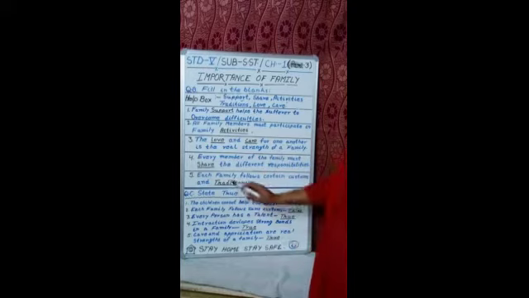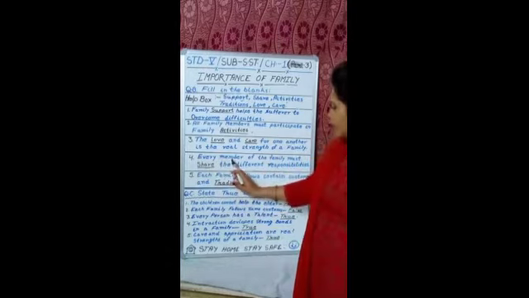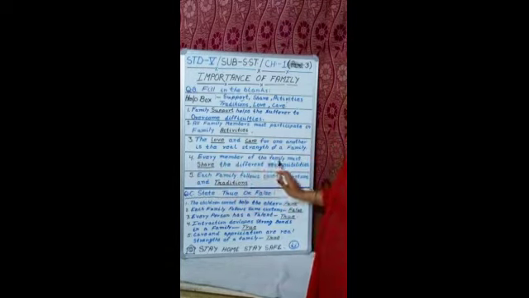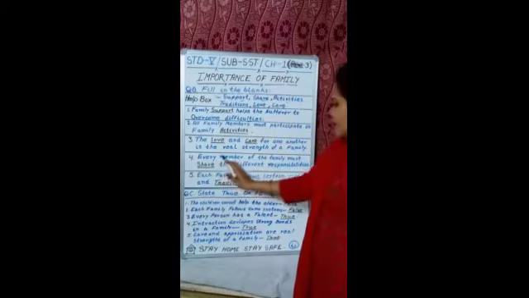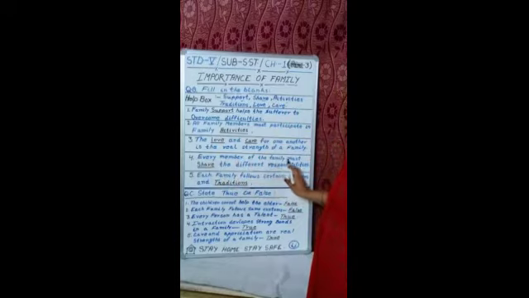Right? Number 4. Every member of the family must dash the different responsibilities. The correct option will be from here. Share. Yes, share. Every member of the family must share the different responsibilities.